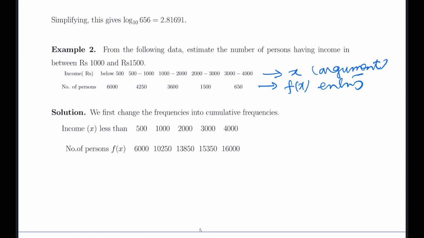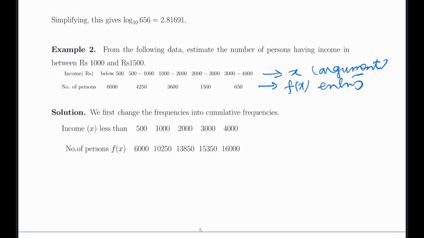The number of persons in the income range 1000 to 2000 is 3600, and therefore the number of persons having income less than 2000 is 6000 plus 4250 plus 3600, which is 13850.